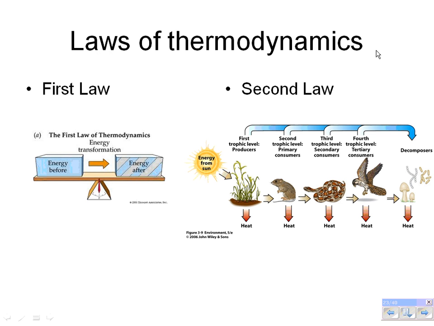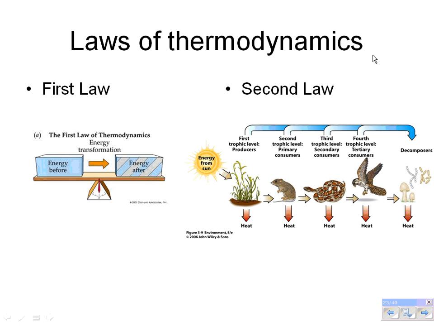Laws of thermodynamics, really important that you have an idea of the laws of thermodynamics. We talked about this in the first quarter, but remember that we have an open and closed system. An open system is any system where energy can be transferred in or out of that system. In a closed system, there's no energy transfer.